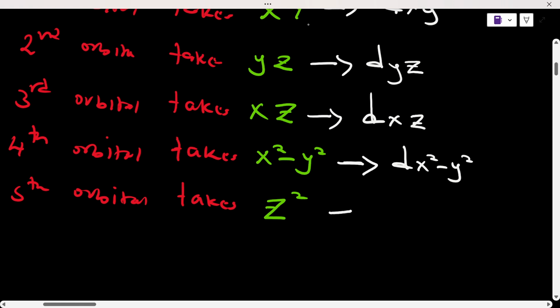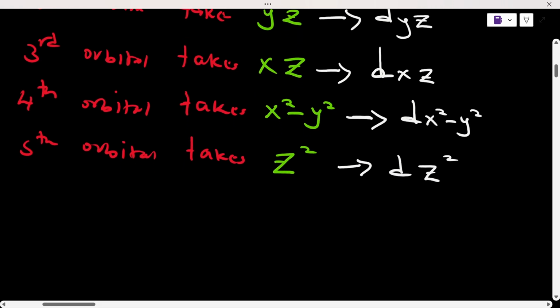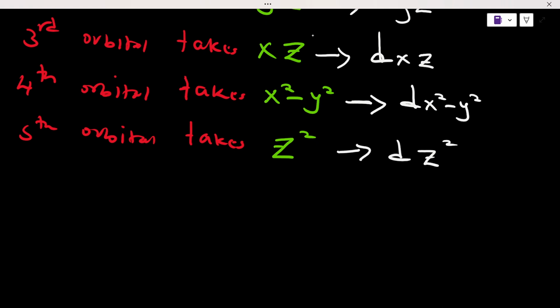And therefore, we call it the d z squared. Now, having known that, how can we understand the shape? How can we understand the shape?